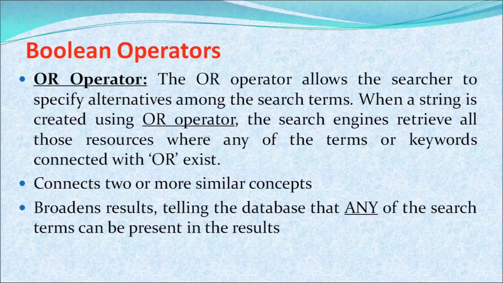Like in Boolean operators, the OR operator allows the researcher to specify alternatives among the search terms. When a string is created using the OR operator, the search engine retrieves all those resources where any of the terms or keywords connected with OR exist. The connection of two or more similar concepts broadens the result, telling the database that any of the search terms can be present in the result.